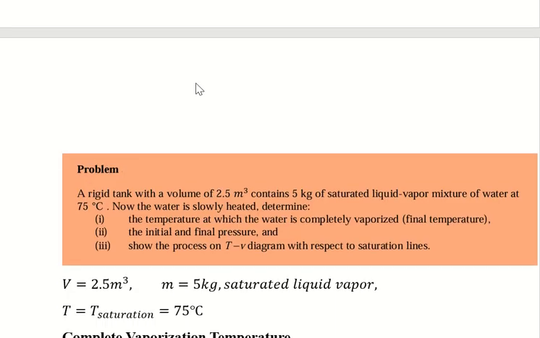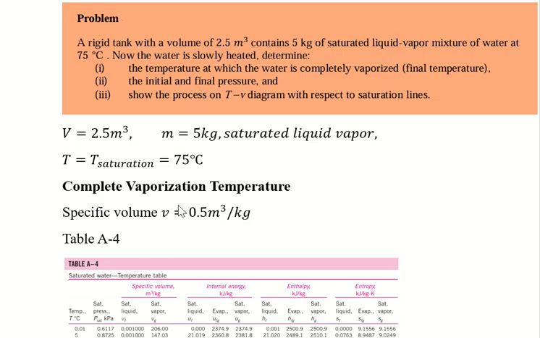So if you find the specific volume, v, it is equal to 0.5 meters cubed per kilogram. How do we get this? You divide the total volume by the mass: meters cubed divided by kilograms. Divide this by this, and you get this. Logically, if you think about it, this specific volume will also be equal to the specific volume of the vapor phase.